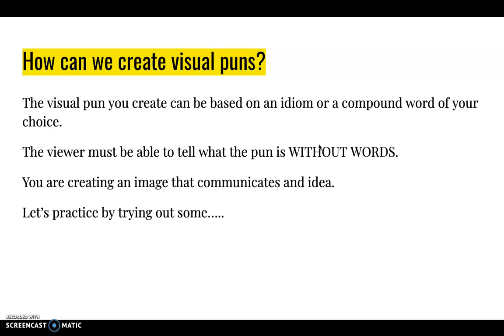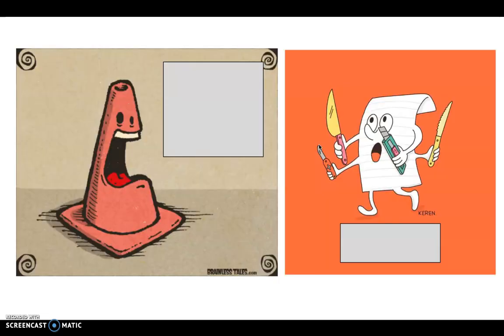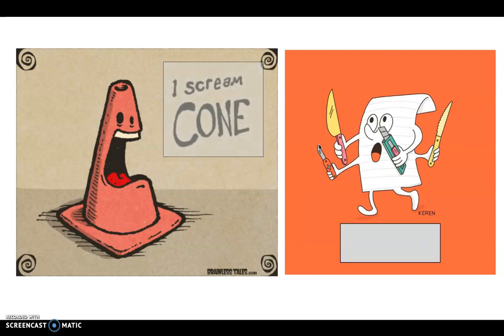Let's practice trying out some. So on the left we have a cone. What's it doing? It's screaming. I scream cone. Okay, and you can play with words like that. Be careful, just make sure it still makes sense, but you can kind of alter words as well to create your visual. Okay, and we have over here, got a paper.